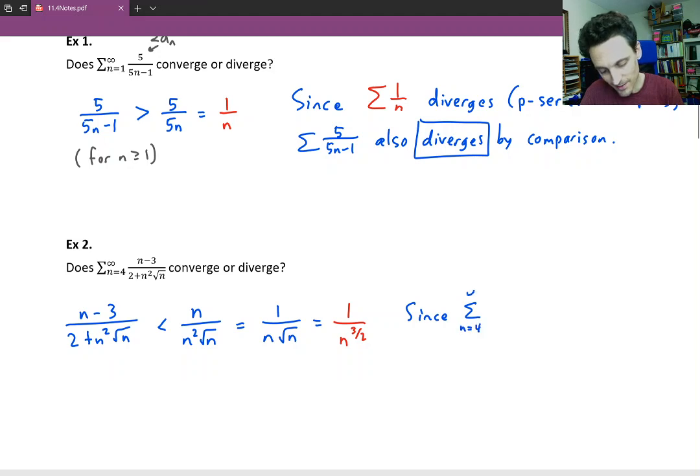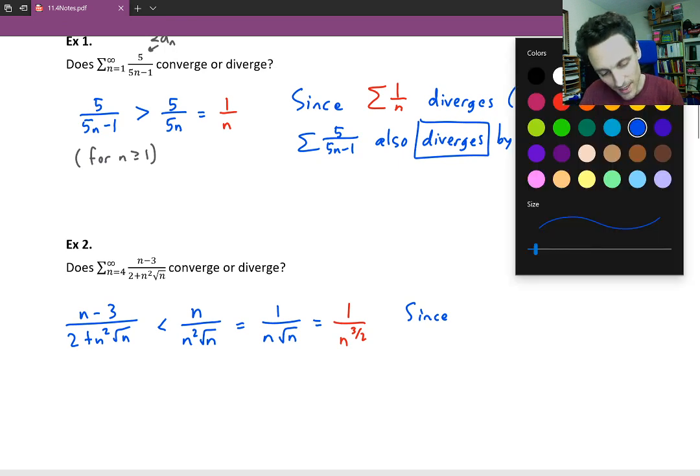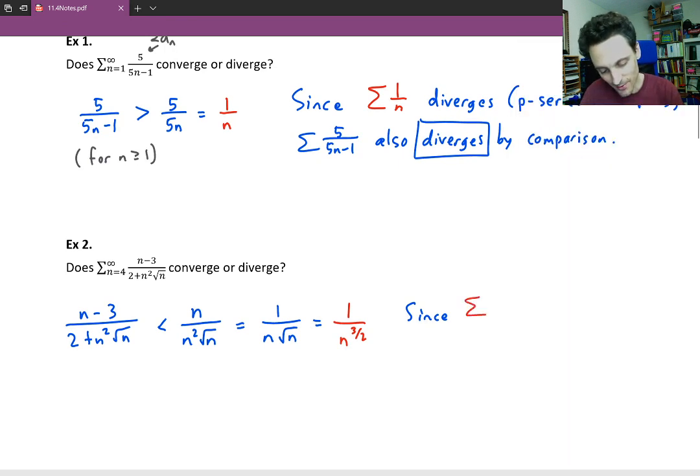So as I'm writing this, what does it do? Does the series 1 over n to the 3/2 converge, or does it diverge? If you said converges, that's correct.